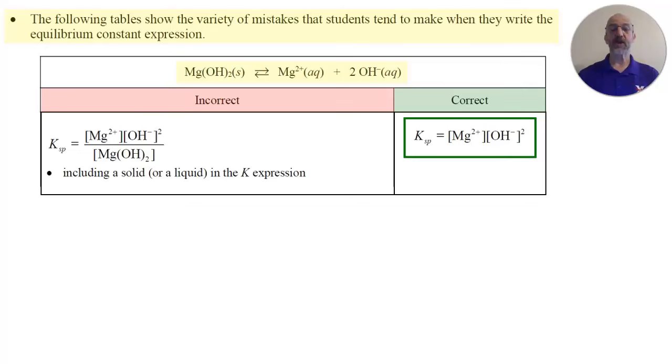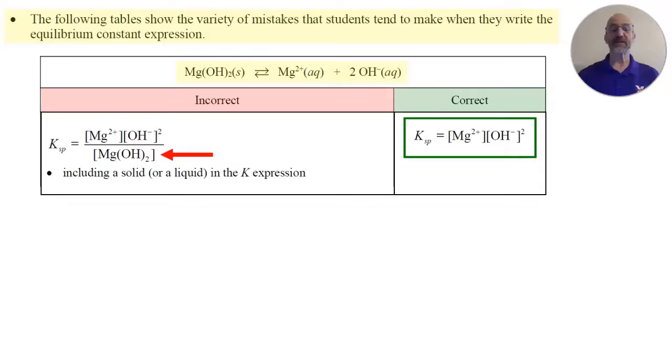So the correct way to write the KSP for this reaction is concentration of magnesium. Notice that we have the charge of Mg2+ inside hard brackets, and then times the concentration of the hydroxide ion squared. Now I will show you several examples of student mistakes respective to this particular equation.